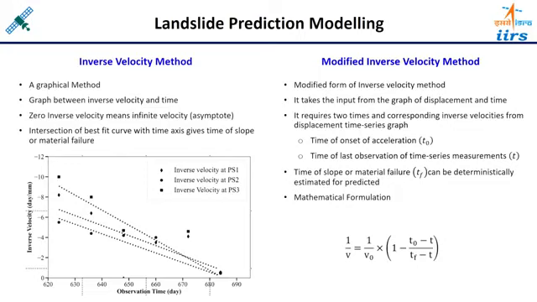the graph, if you see, will look like this. Suppose this side is the displacement and this side is the time. As the time is increasing, the displacement is increasing very slowly.